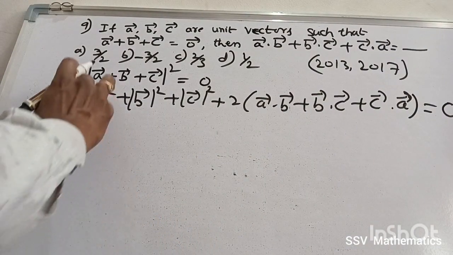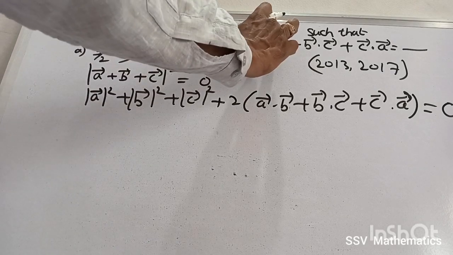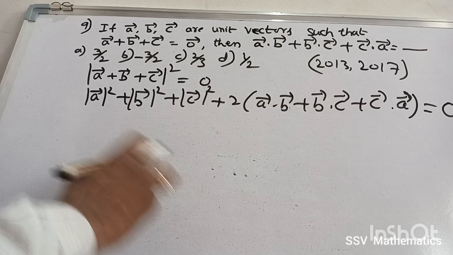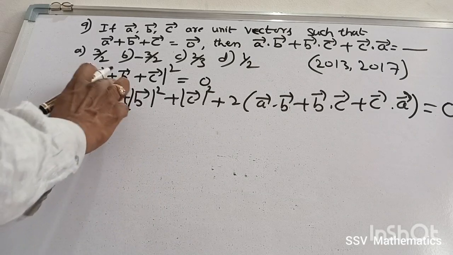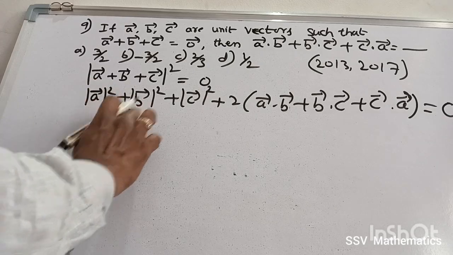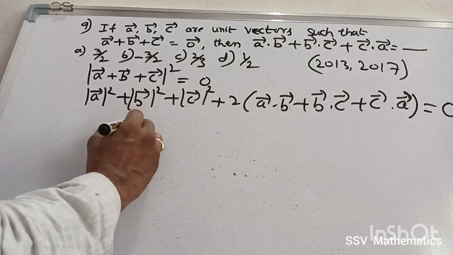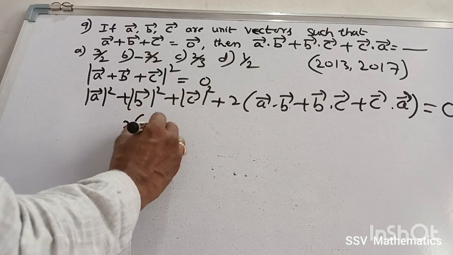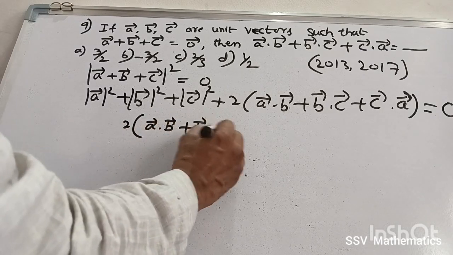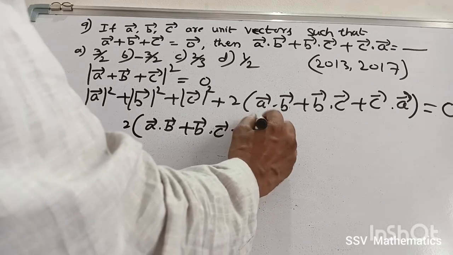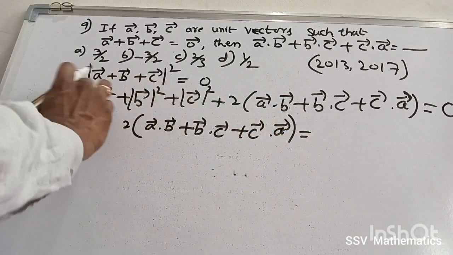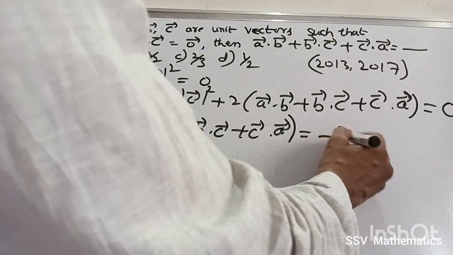So since A, B, C are unit vectors, therefore magnitude of A, B, C are equal to 1. So 1 square plus 1 square plus 1 square. So this is 3. So this is 2 into A dot B plus B dot C plus C dot A is equal to, take 3 to right side, becomes minus 3.